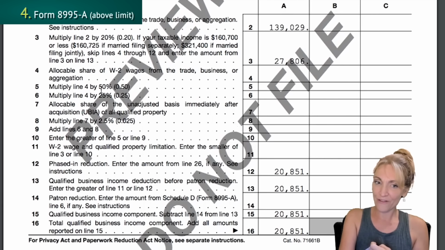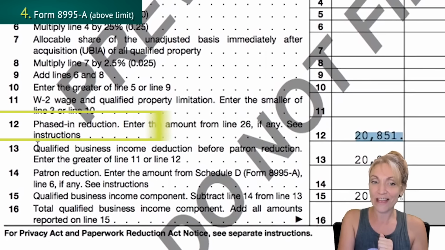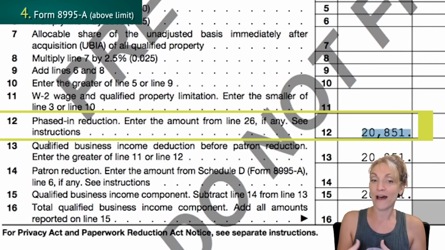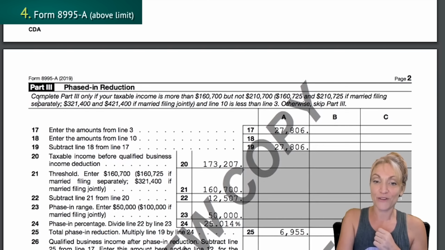We don't have wages or the amount of property, so we left those blank. Otherwise, these tests would be factored in. And then this brings us to another weird thing, which is the phase-in reduction. You can see line 12 here says enter the amount from line 26, if any. So if we skim down to part 3, this is where line 26 falls.